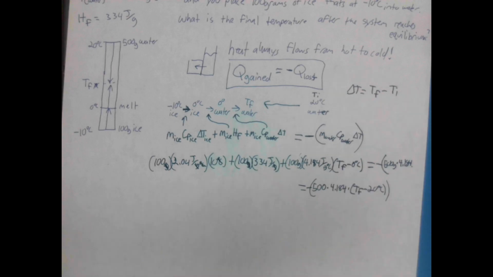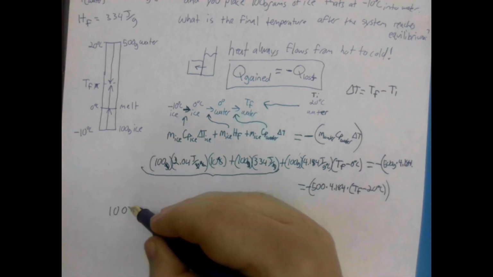So I end up with this right here is equal to 100 plus 2.4 times. So we get 10,020.4 joules plus 100 times 334 joules.